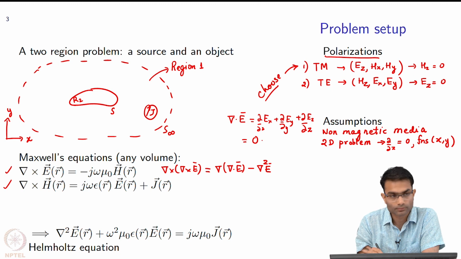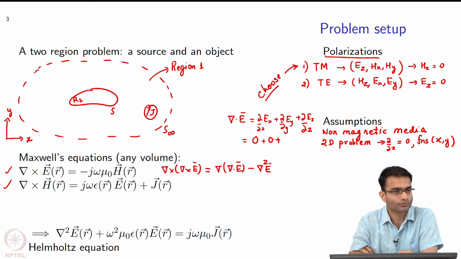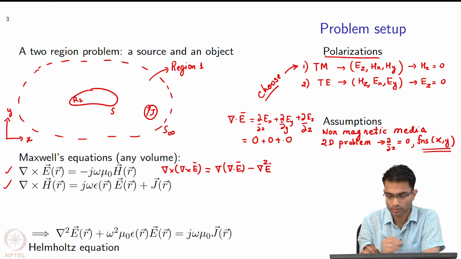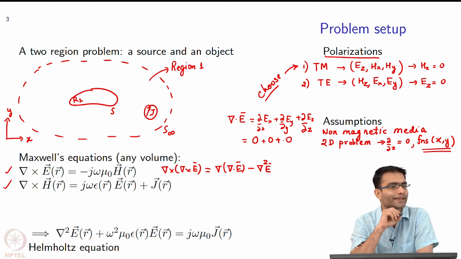Second term 0, third term 0, because Ez is non-zero but Ez is not a function of z. We said that all things are functions of only x and y. So all 3 terms are 0.